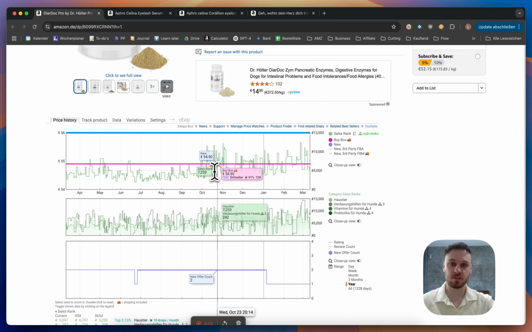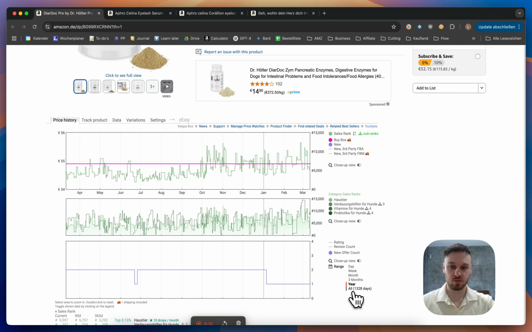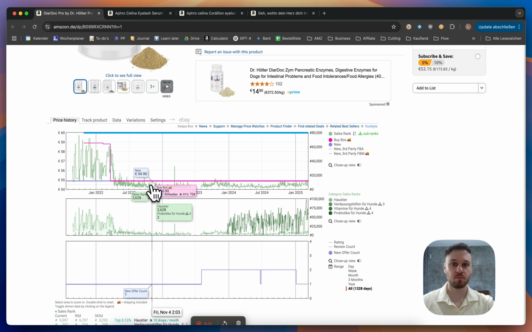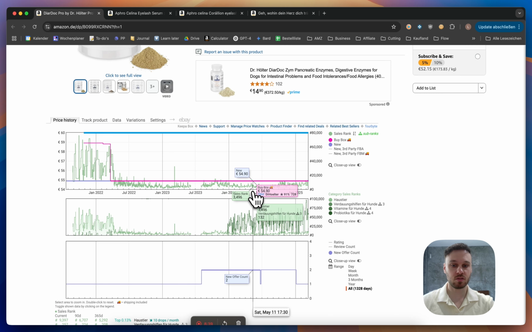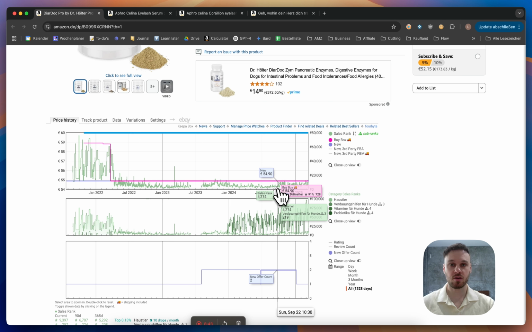And also a super nice thing you can see here, for example, when we zoom out, is a super flat price graph. Even when some other seller hopped on the listing, the price always stood super stable. No one undercut each other, and that's usually a super big red flag.